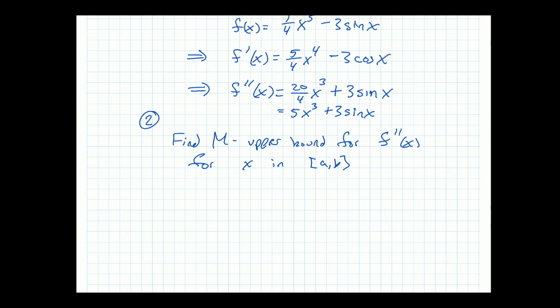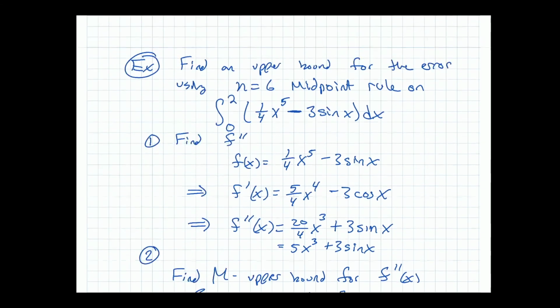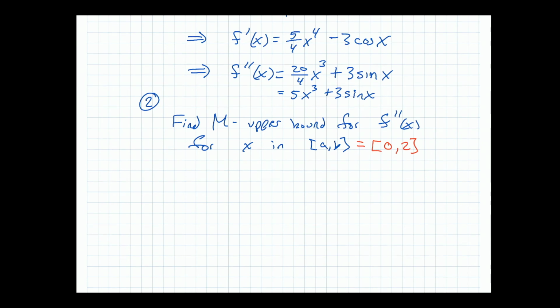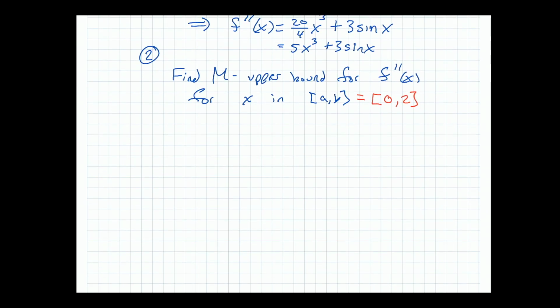What's the [a, b] for us in this problem? It's 0 to 2. That's the [a, b]. Okay, so this is where the work is. It's not hard, but there's a couple tips that you need to know.